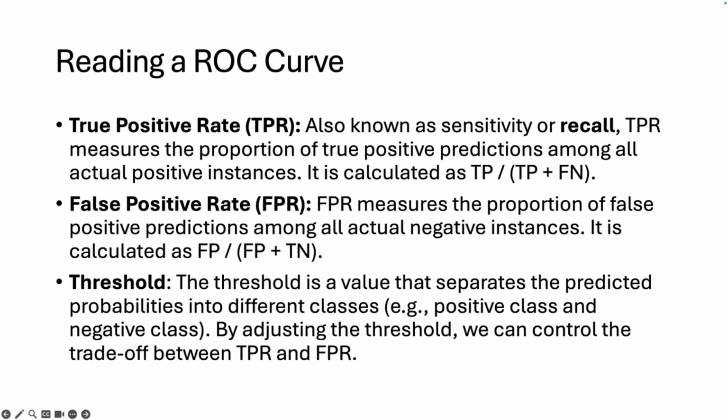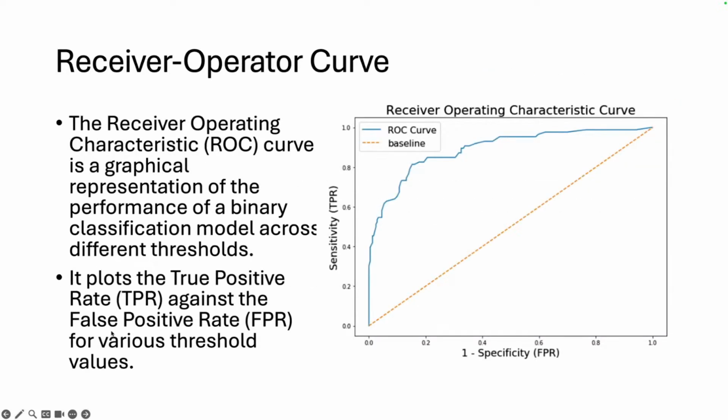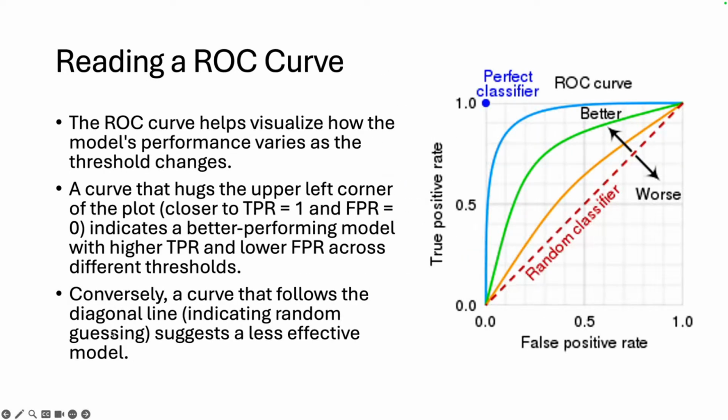You guys are familiar with recall, so true positive rate, TPR, recall, same thing. The false positive rate, the FPR, measures the proportion of false positive predictions among all actual negative instances. And then the threshold is the value that separates these. These are the axes that run along that ROC curve, the false positive rate and the true positive rate.